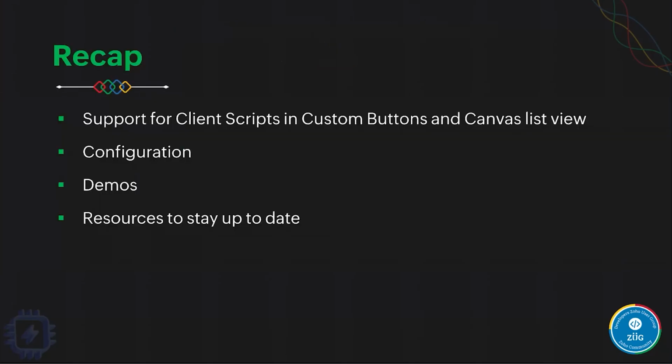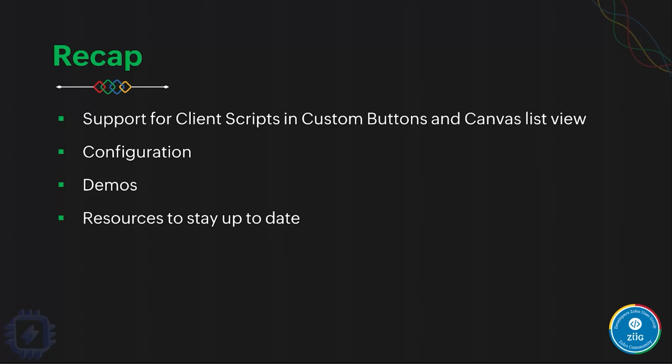So this is what we went through in this session. We saw the new updates with client script, with the support for custom buttons, and the soon to be out support for the canvas list view. We saw how you can configure these things, how you can use them in different places, things that you have to keep in mind before you use them, while you're using them, so that you don't waste time when you're configuring them.